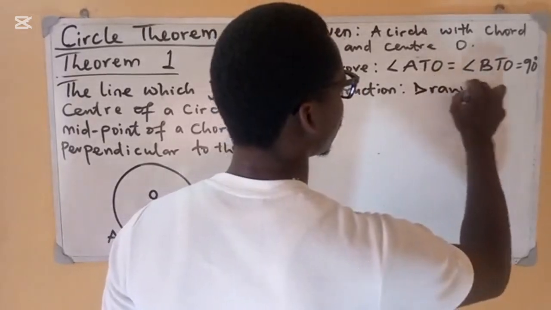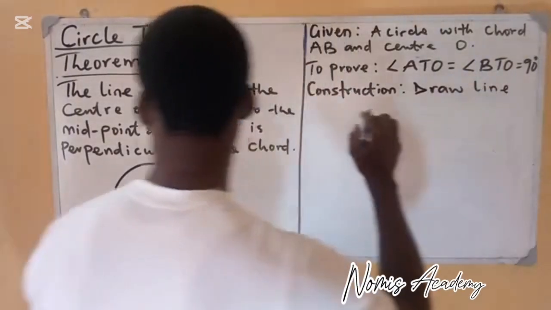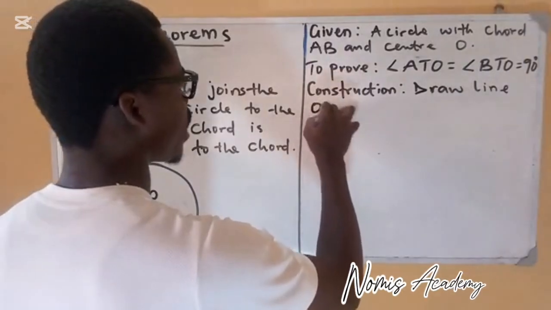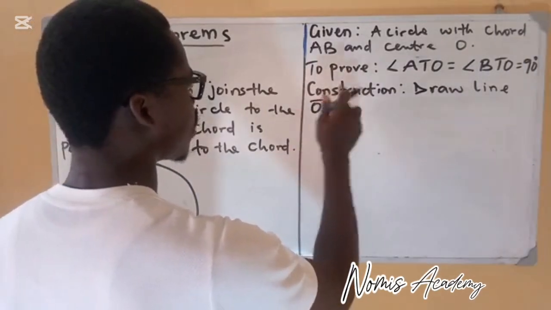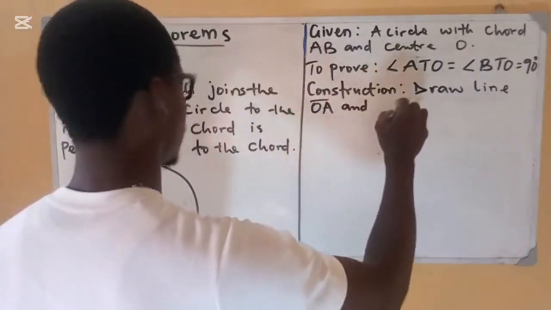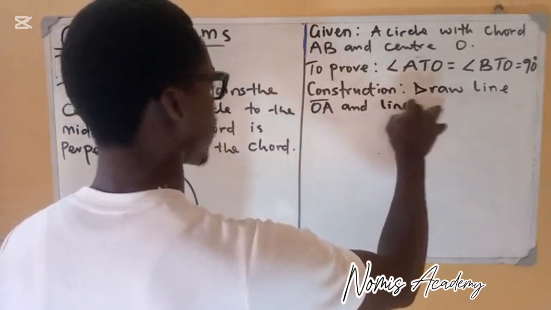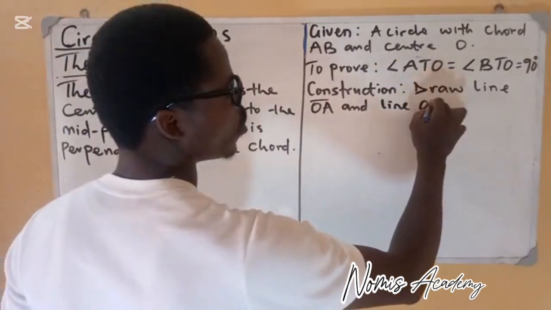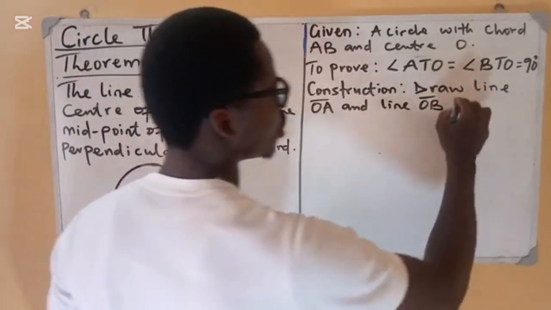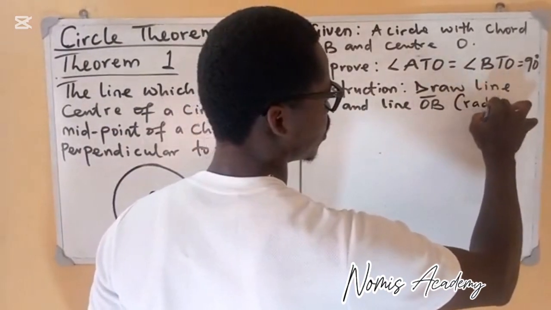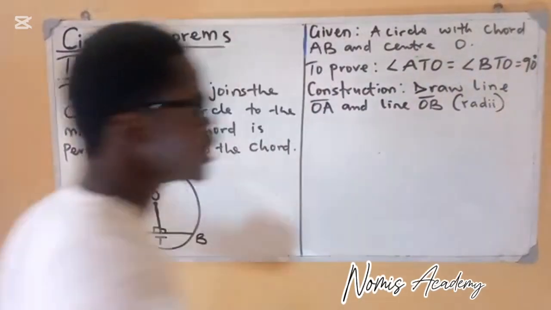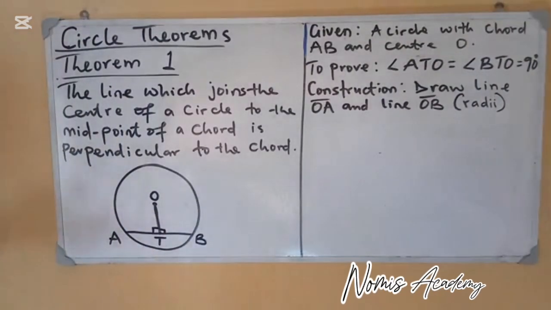Draw line OA and line OB, which is called the radii of the cycle.